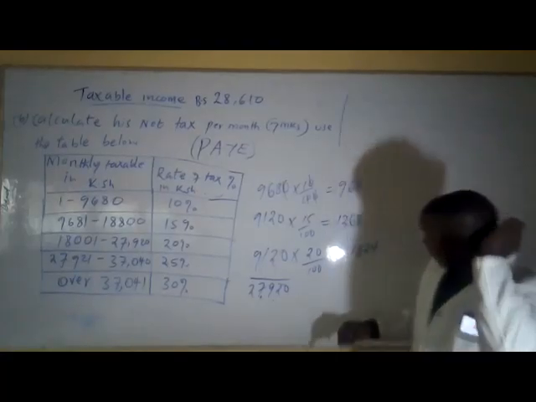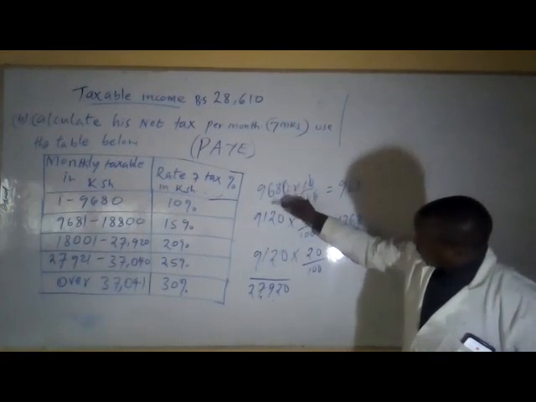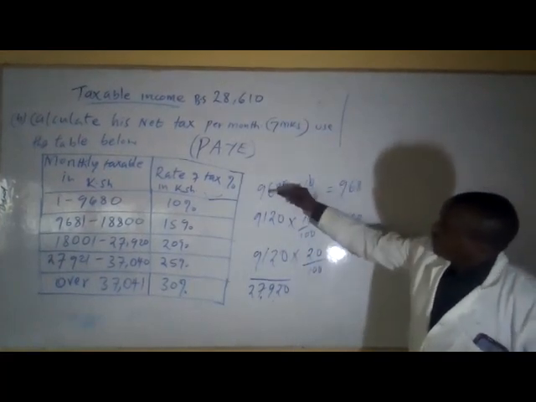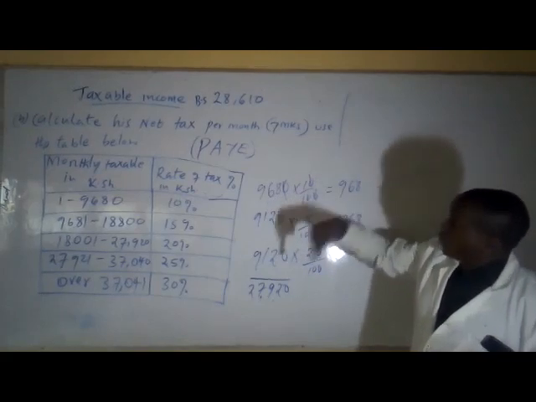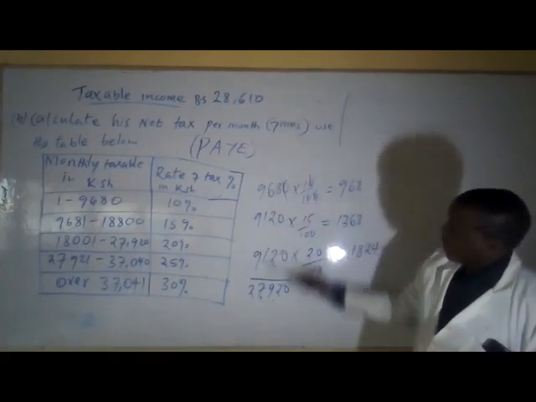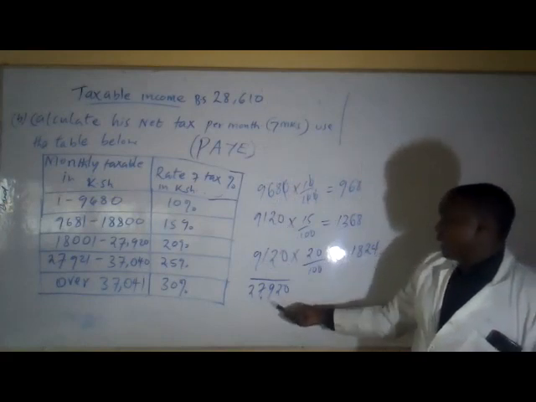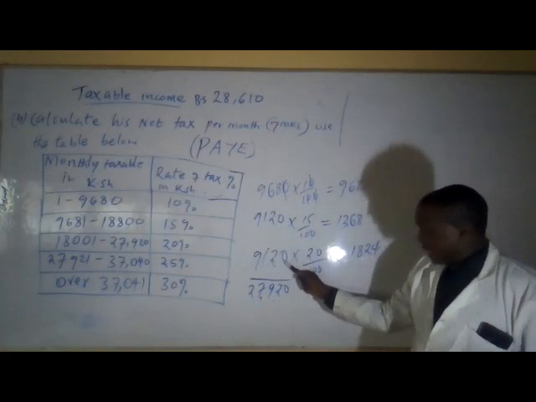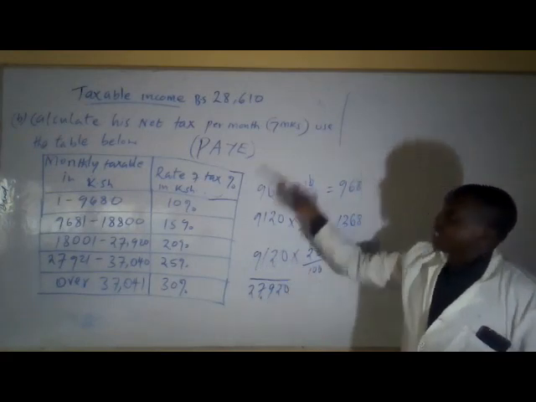As you continue calculating the tax, make sure that this amount of money does not go beyond our taxable income. If you add this and this and this, our total is 27,920. If we continue with 9,120, our total will go to 30-something thousand.